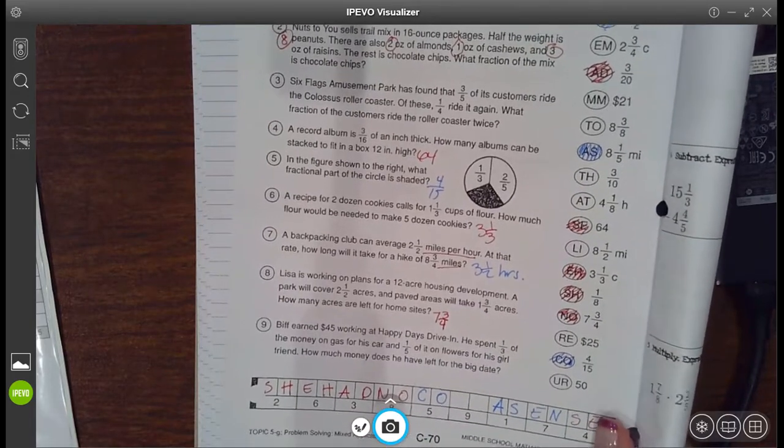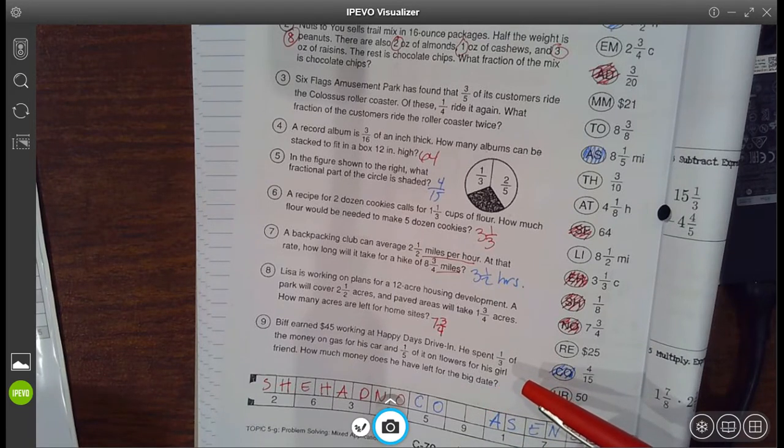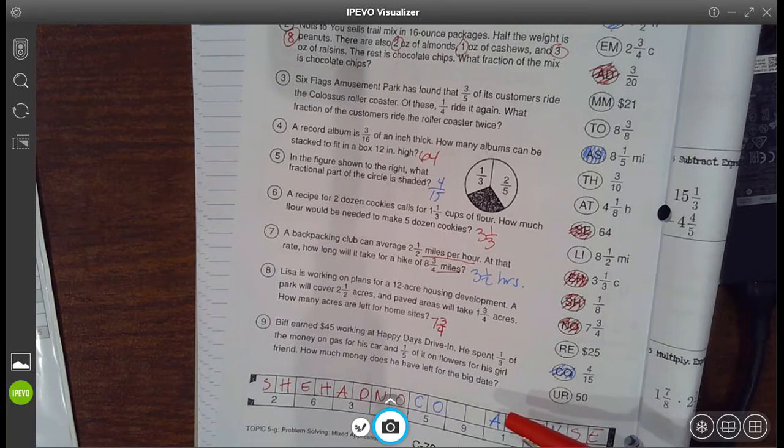All right, last one. It says Biff earned $45 working at Happy Days Drive-In. He spent 1/3 of the money on gas for his car and 1/5 of it on flowers for his girlfriend. How much money does he have left for the big date? What do you think? Okay.